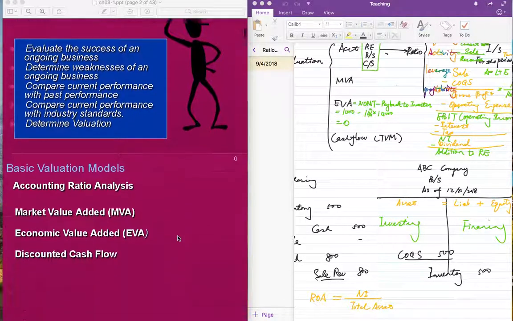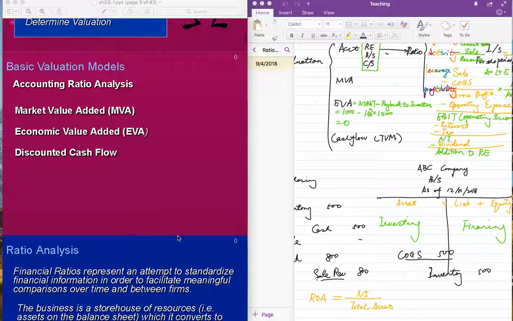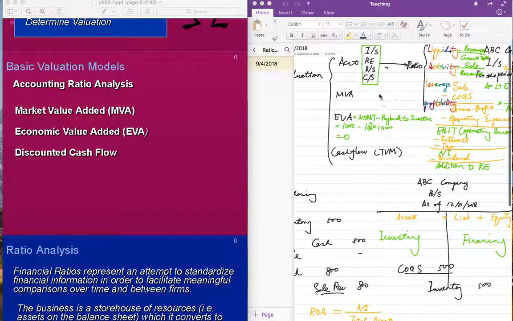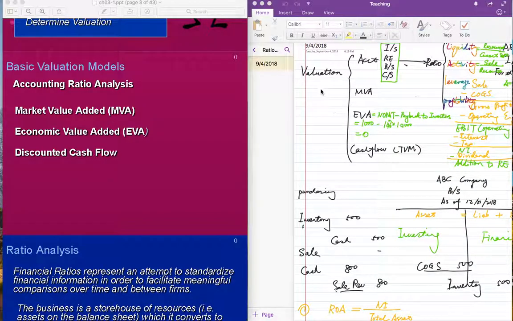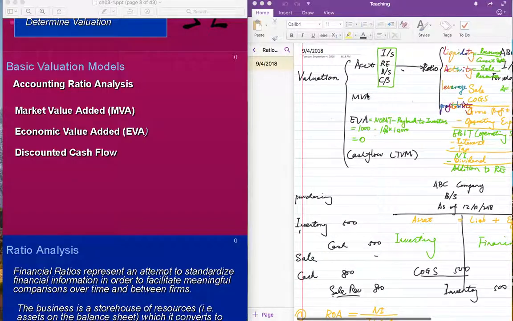As you can see, there are different ways we can do valuation. There are 4 models on this slide. You can see that on my note as well. When we do valuation, we could use accounting data.